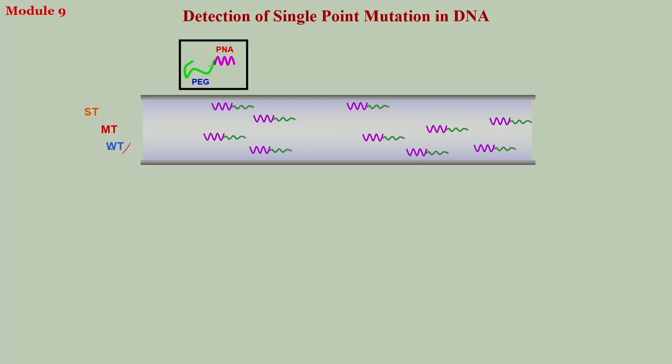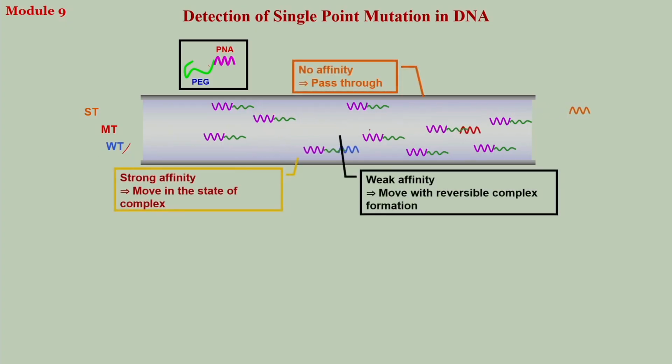We have injected a mixture of the wild type, mutant and a scrambled DNA which does not hybridize at all with the PNA. Now, what does it do? It will go. So, once this moves through the capillary, the wild type should hybridize here. Wild type and the PNA form a strong complex.